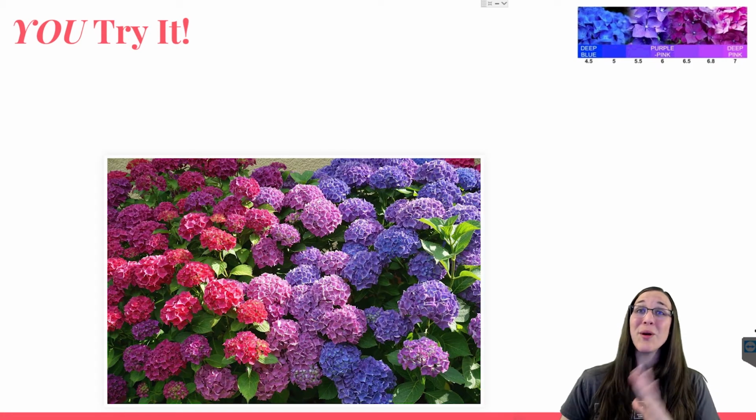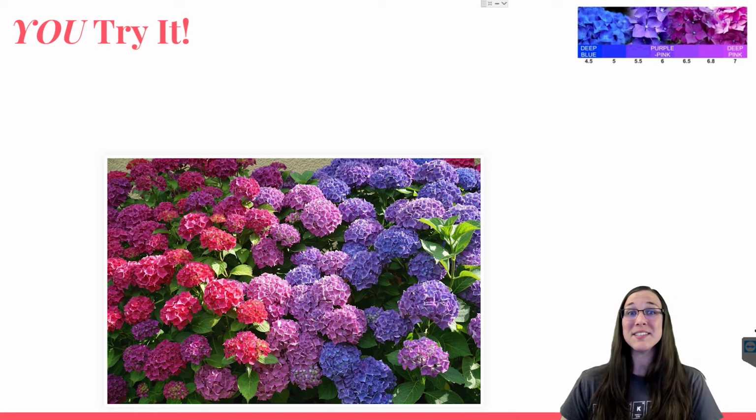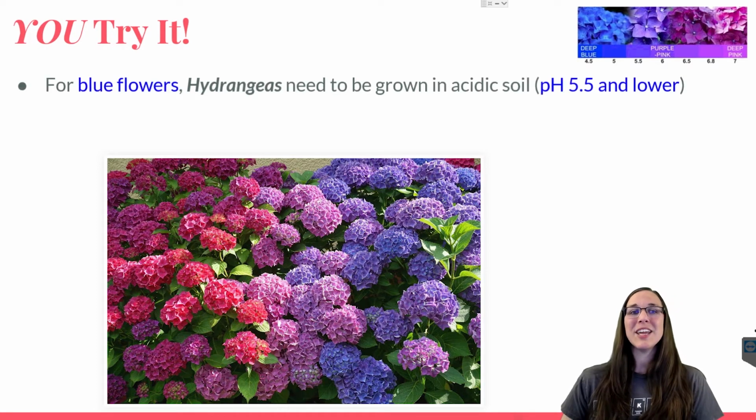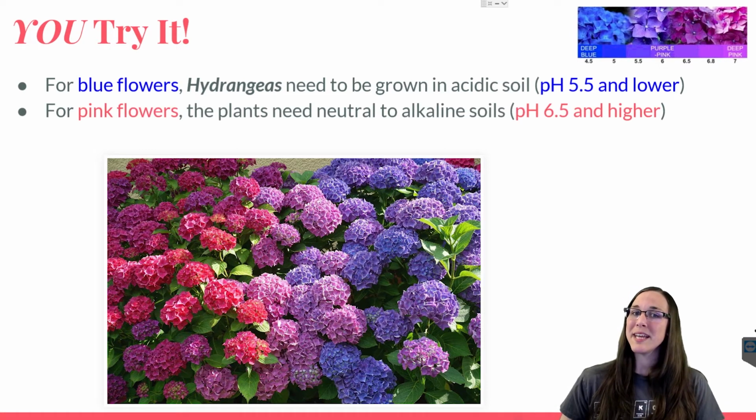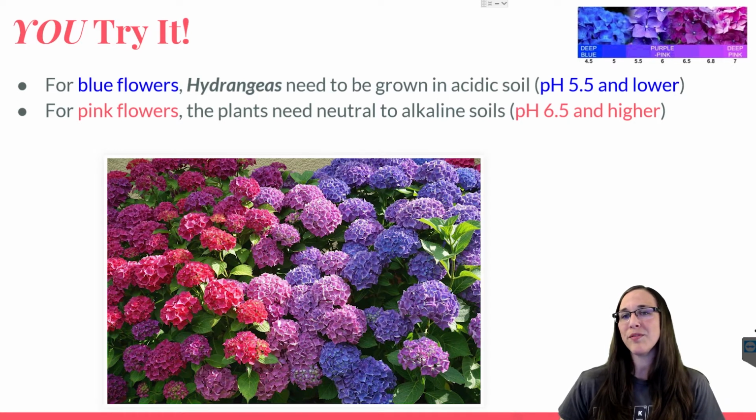My favorite flower in the whole world are called hydrangeas. Hydrangeas are the chemist's flower because they can change the color of their petals based on the pH of the soil they're grown in. If you want blue flowers, you need to grow hydrangeas in acidic soil, pH of 5.5 or lower. If you want pink flowers, you would need to plant them in neutral to alkaline soils, usually pH 6.5 or higher.